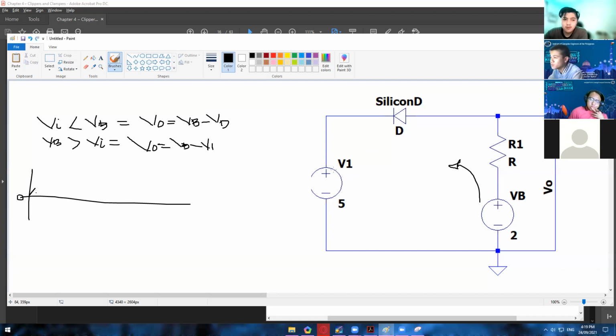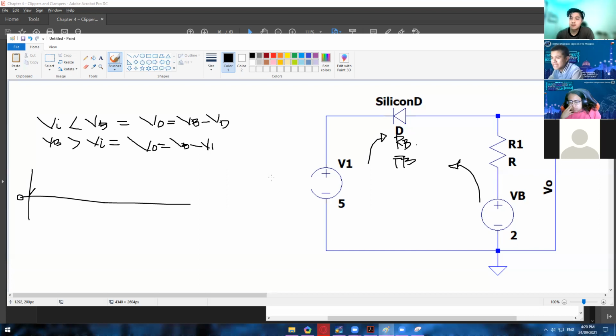But once this one is equal to this VB, let's say 2 volts equal to 2 volts, it will be neutralized. At let's say 2.1, this will become reverse bias. And as a result, there is a collision here, and this one will become reverse bias. So what decides whether it is forward bias or reverse bias is the VI itself.